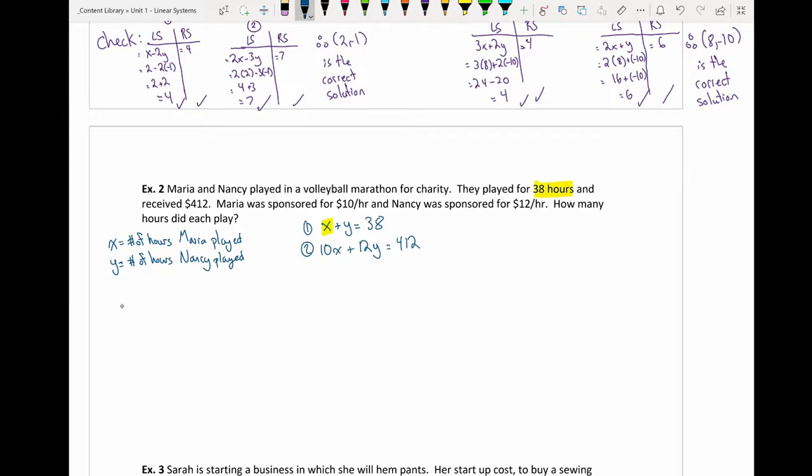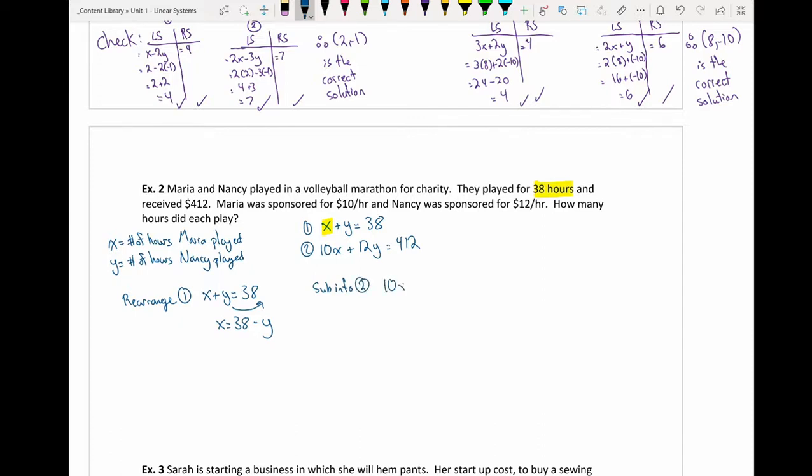So now that I have that one, I'm going to rearrange it. So let's start over here. Rearrange equation 1. So x plus y equals 38. I'm going to get the x by itself, so x equals 38 minus y. Next, what I have to do is substitute into equation 2.